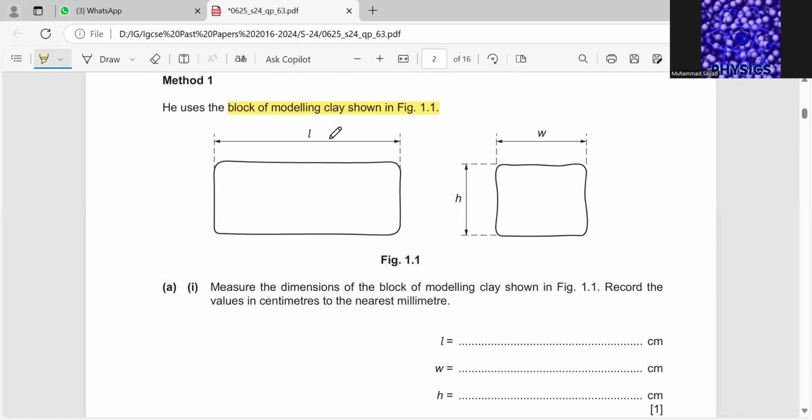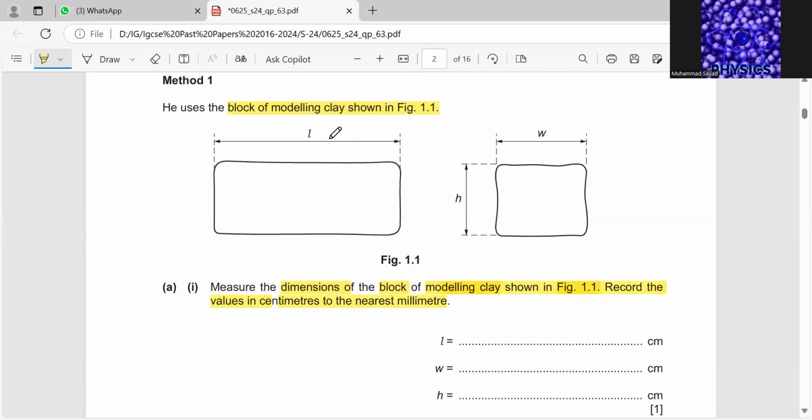The modeling clay block is in front of us in two different orientations. Measure the dimensions of the block, meaning length, width, thickness of the modeling clay shown in figure 1.1. Record the values in centimeters to the nearest millimeter.